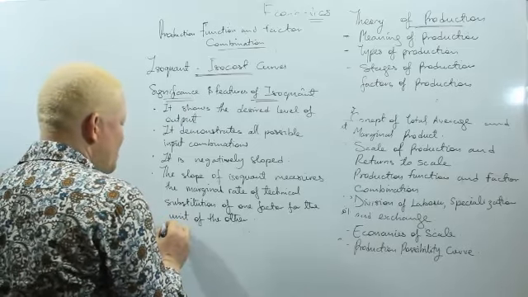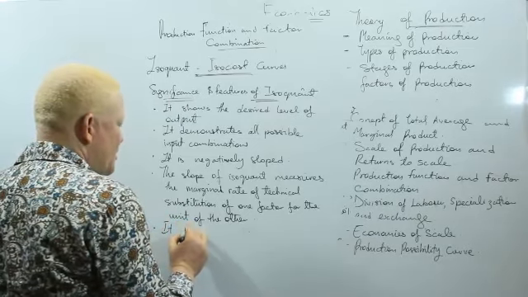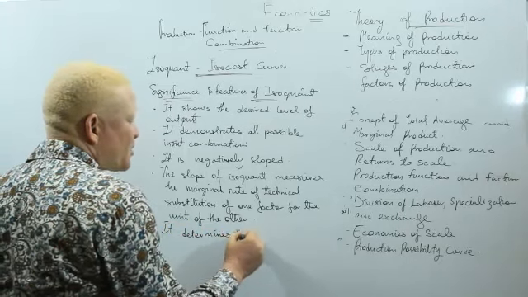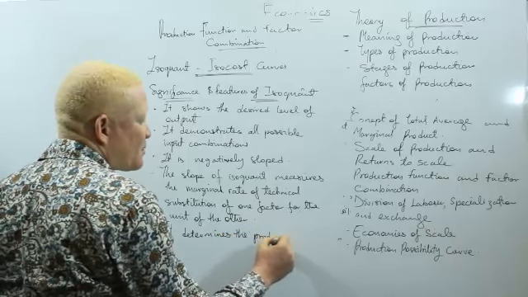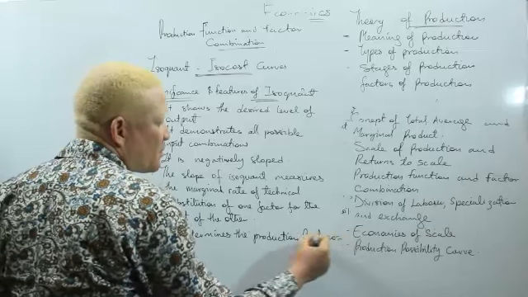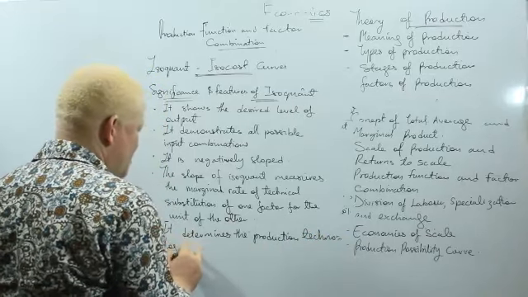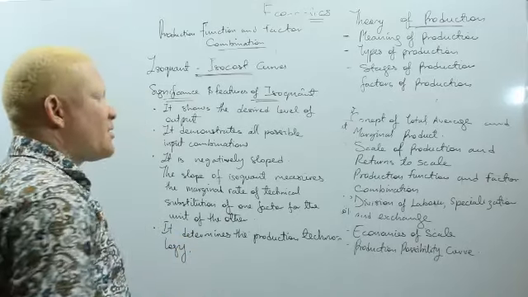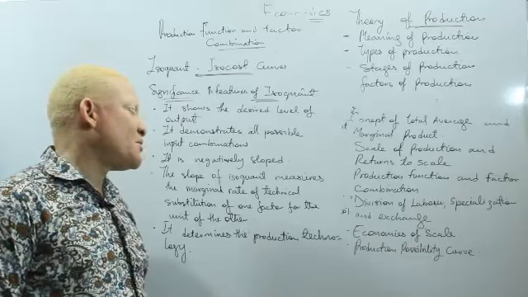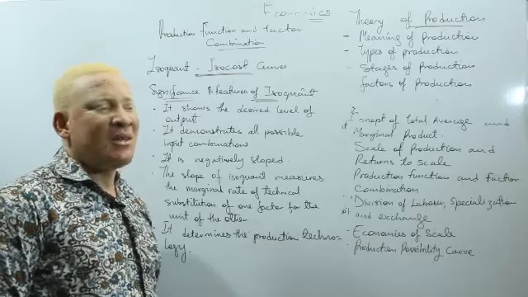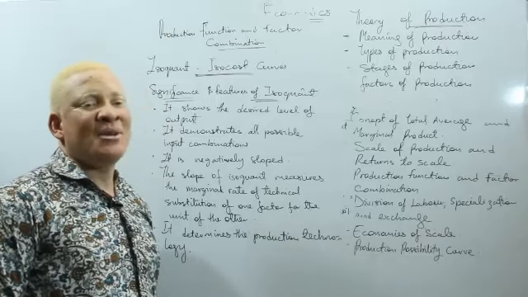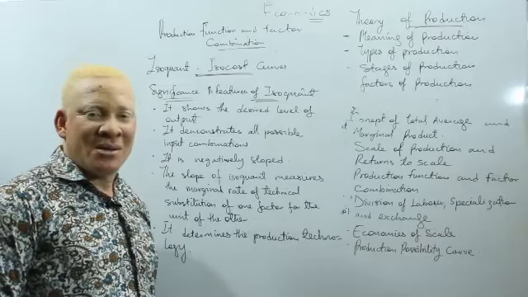Now, the Isoquant also determines the production technology. By production technology, that is the ratio or method of combination of what? Labor and capital, or the inputs. In this case, the production technology could either be capital intensive or labor intensive.